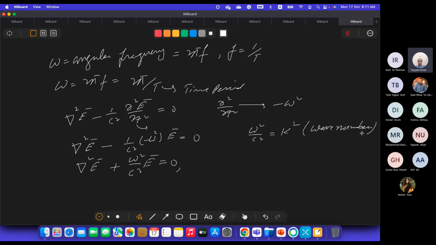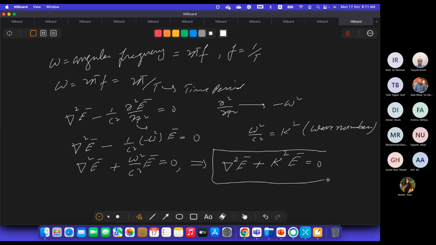k जो है वहां पे wave number है, ठीक है। So this equation ∇²E plus k² E. So basically this is the equation.